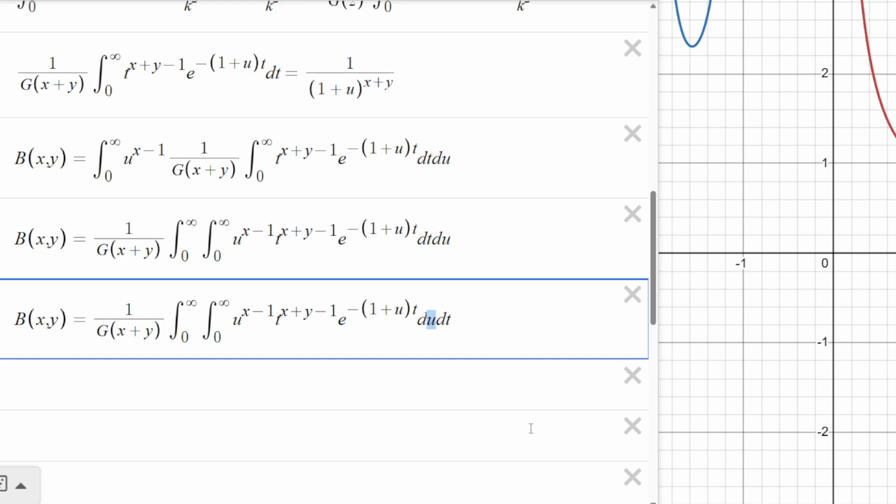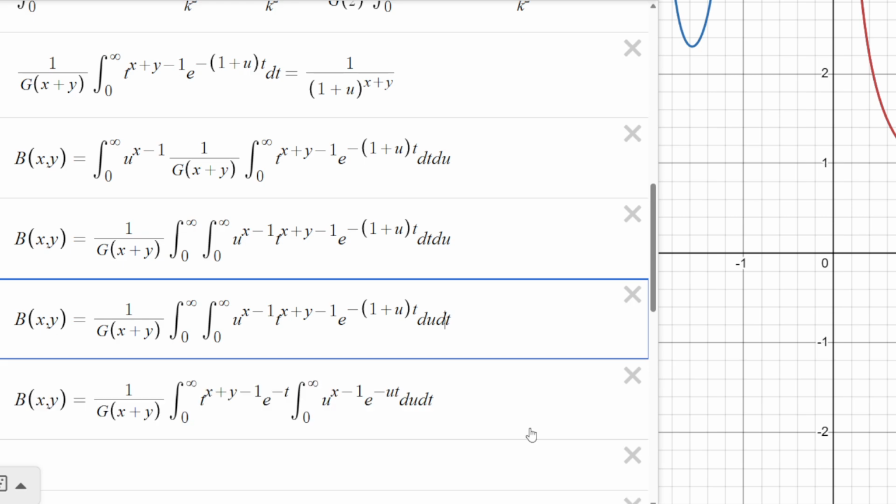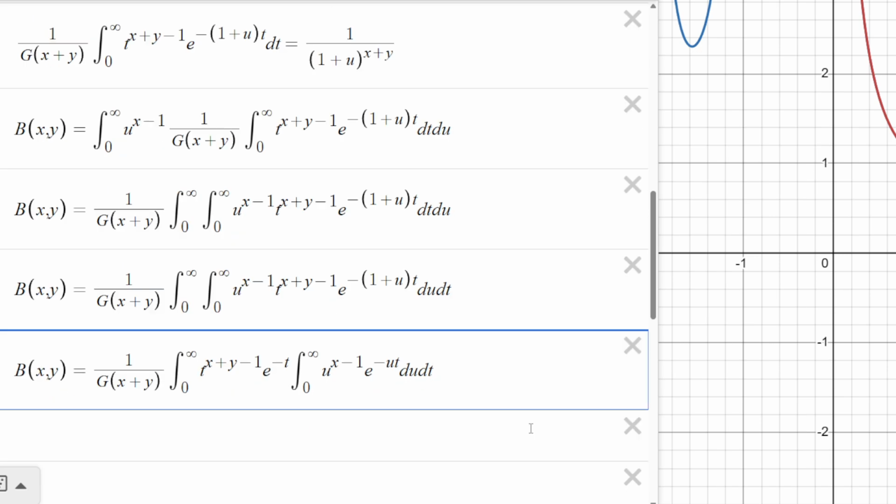Now, since we're integrating with respect to u here, we can bring anything that does not depend on u outside the integral. And that's what happens. This is the exact same expression, just I brought everything that does not depend on u outside of the integral. And now you'll notice this is very similar to something that we previously derived.